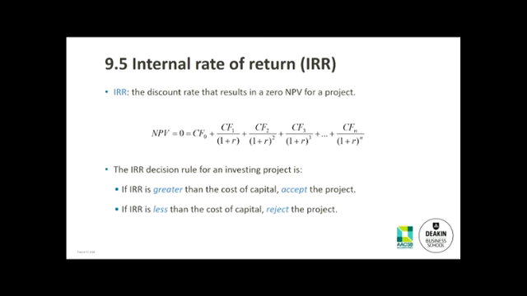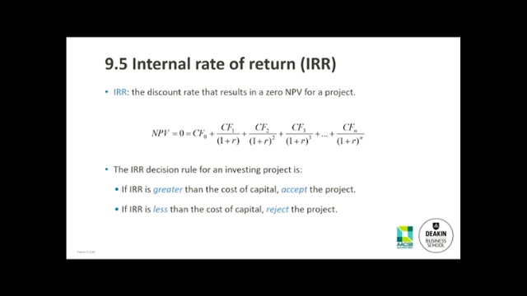Now, some students may be wondering, hey, Robert, then what is internal rate of return? Very easy. Internal rate of return, you set NPV equal to 0. Internal rate of return is a break-even rate. That is, internal rate of return is a discount rate, R, that will just give you exactly 0 NPV.